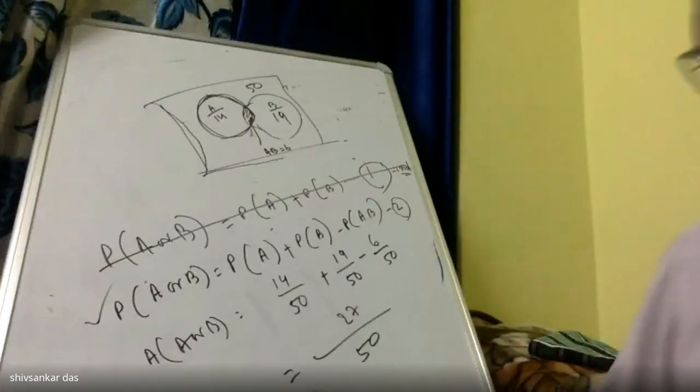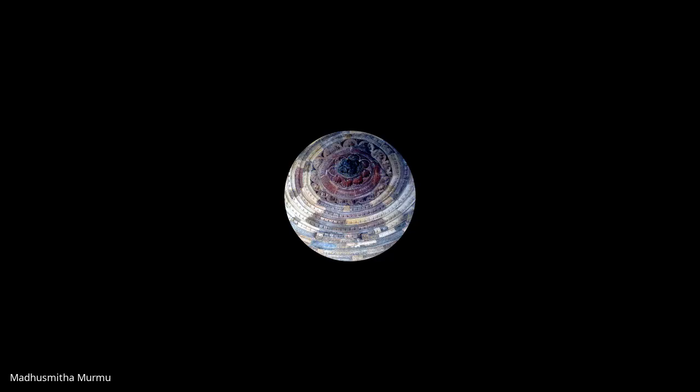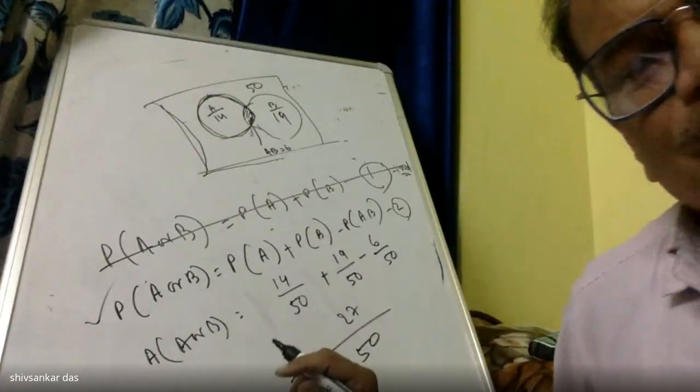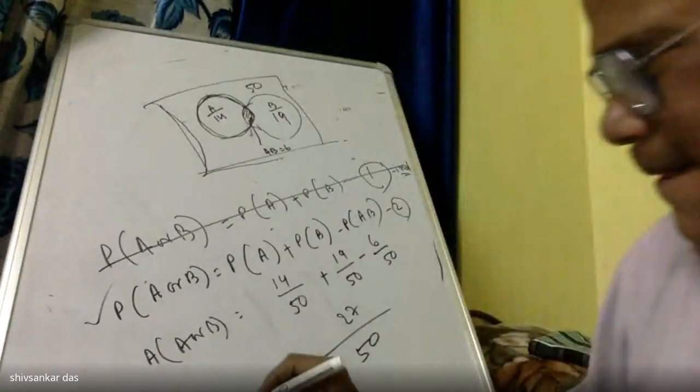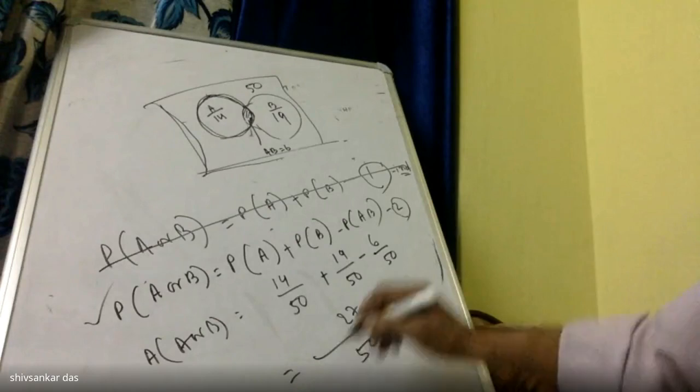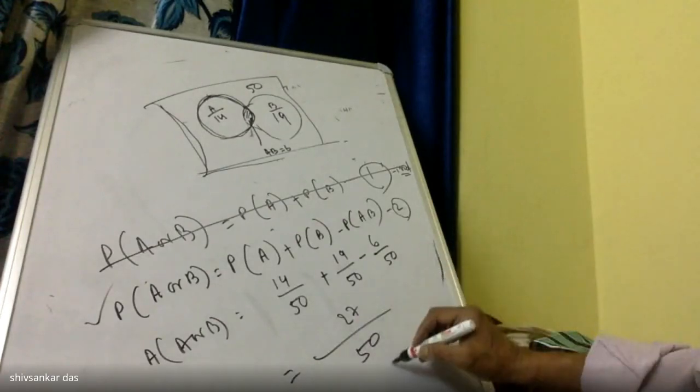So probability of A or B is equal to 27 by 50.